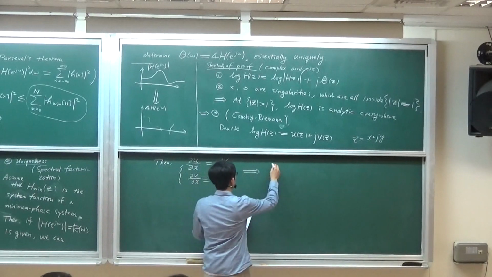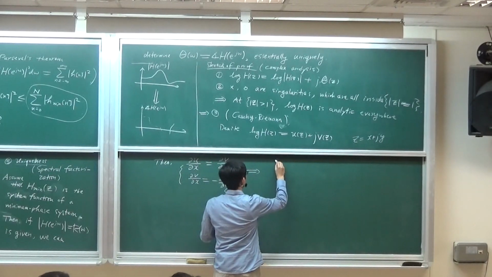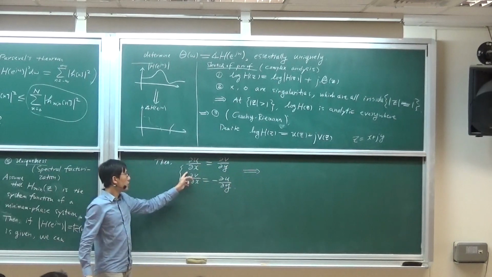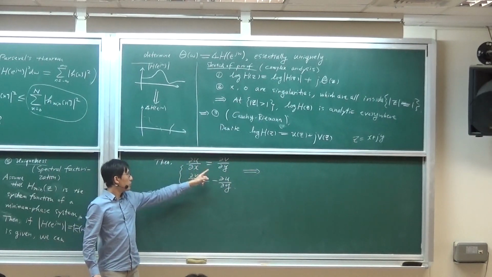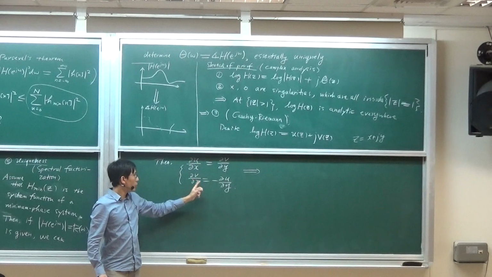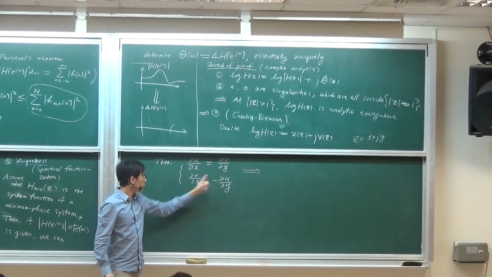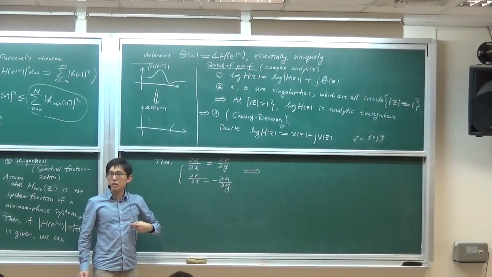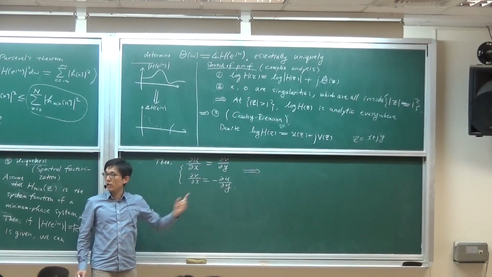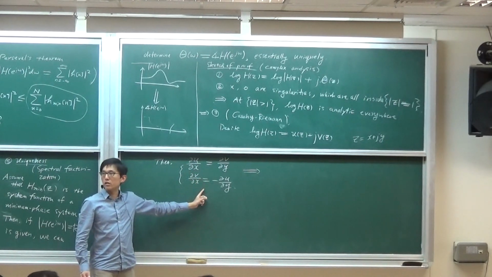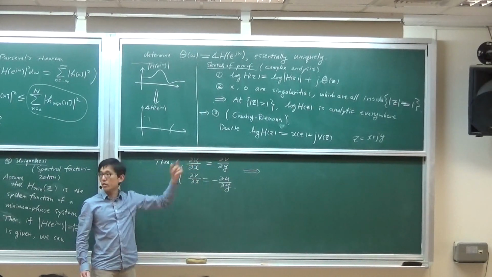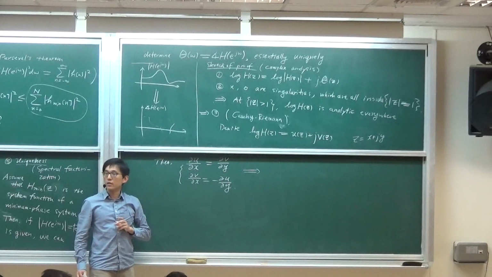The important thing is that you can determine v from u, or u from v, vice versa. They are not totally independent anymore. They are closely related by the Cauchy-Riemann relation.